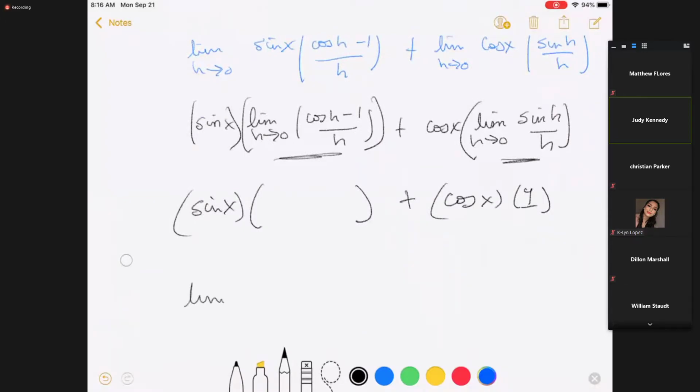The limit as h goes to 0 of the cosine of h minus 1 over h.